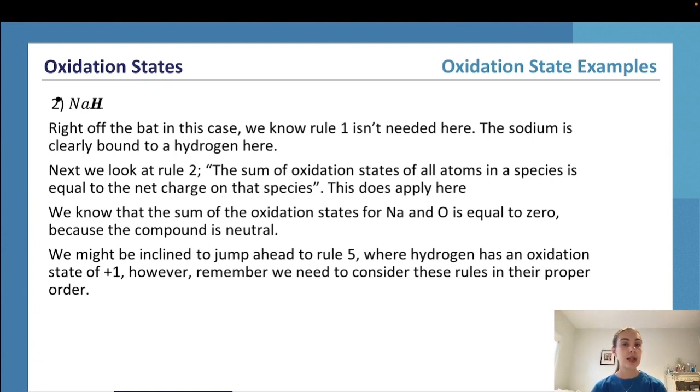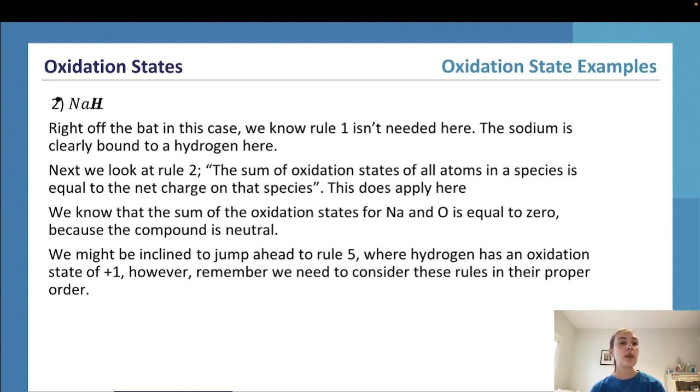So if we had +1 and +1, we'd end up with an overall charge for sodium hydride of +2, and that wouldn't be correct in this circumstance. So we need to actually change the one which hydrogen is in this particular example.